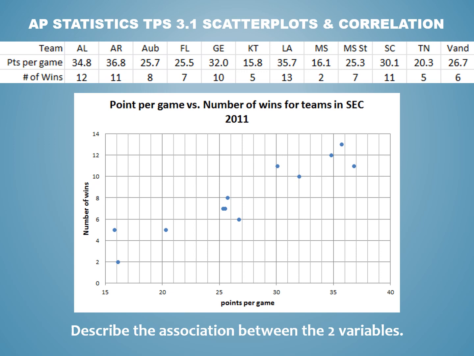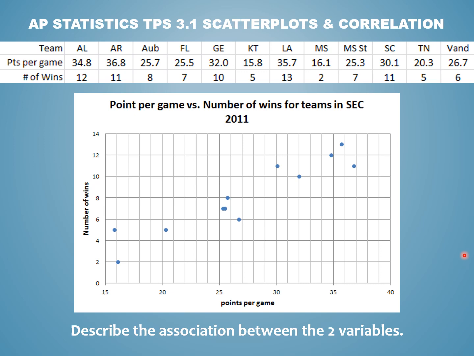All right, so this is kind of what it should look like. Does there appear to be a relationship? Describe the association or relationship between the two variables. So this means we're using our 3 things: the direction, the form, and the strength.